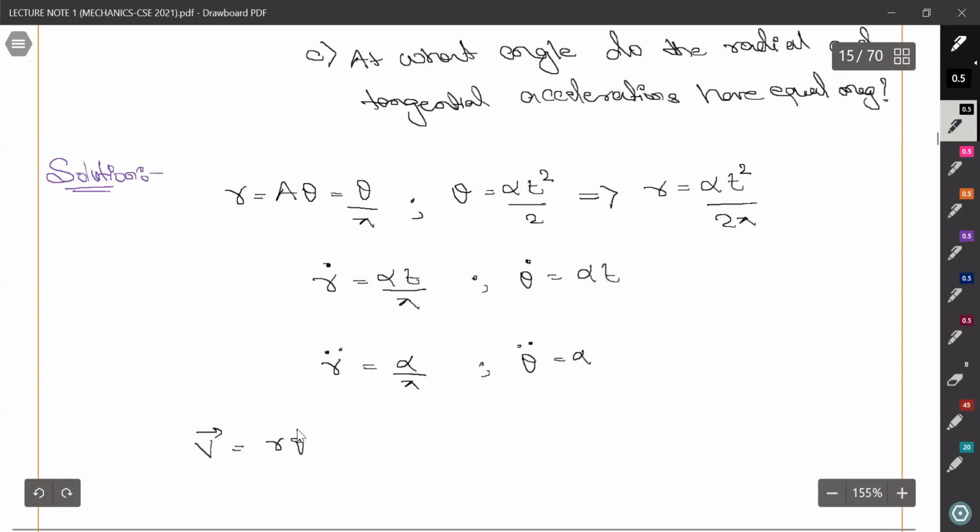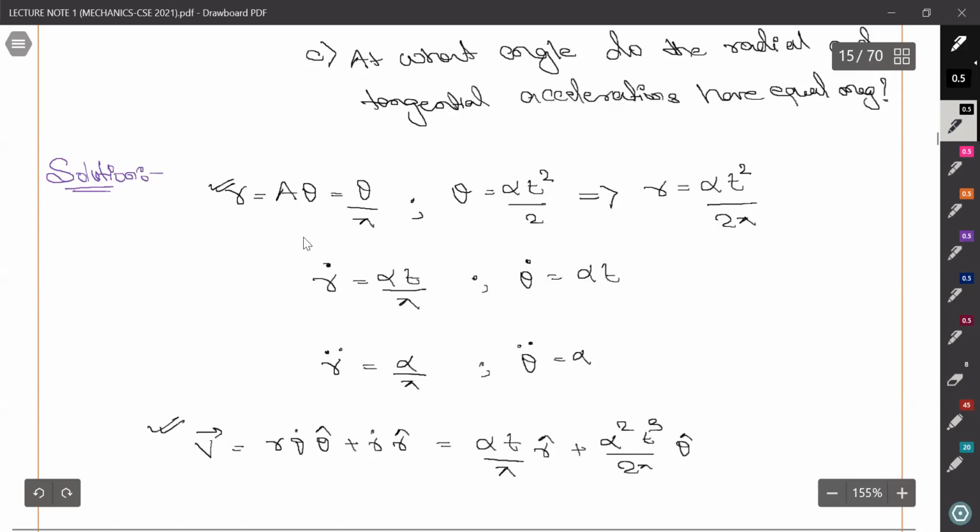We know that V is r theta dot theta cap plus r dot r cap. Put these values. So it will become alpha t by pi r cap plus alpha square t cube by 2 pi theta cap.